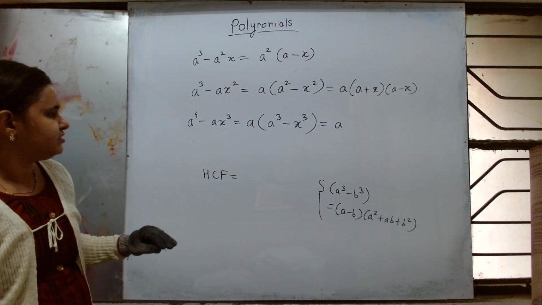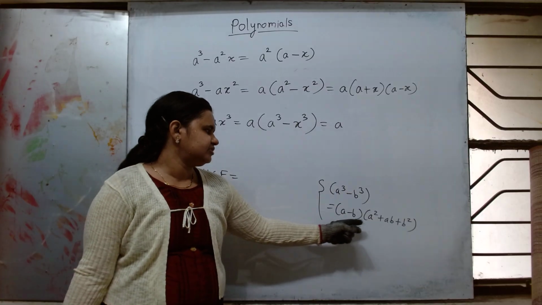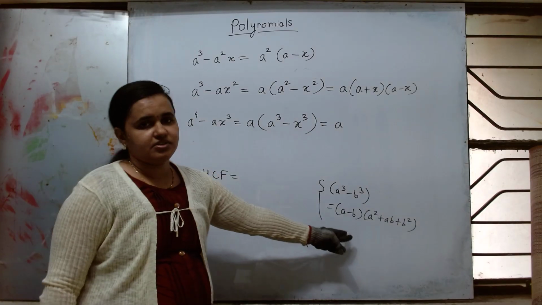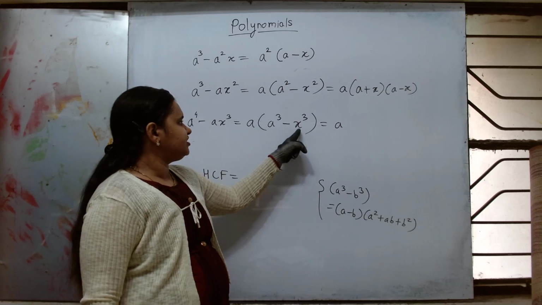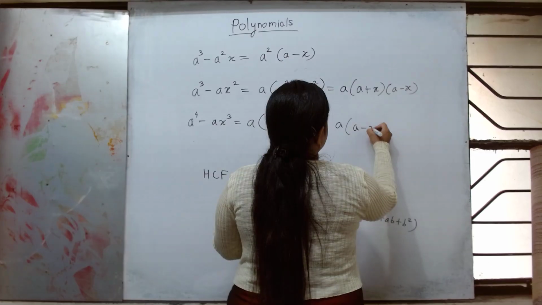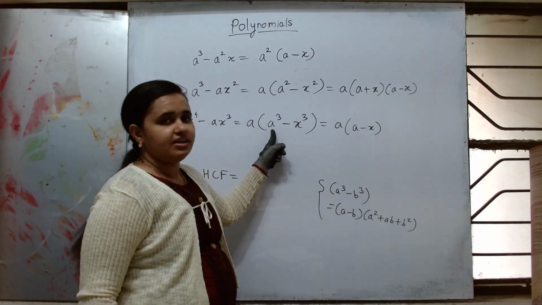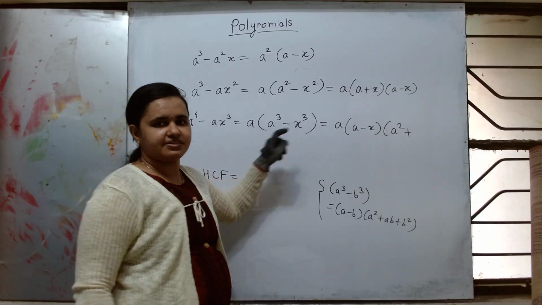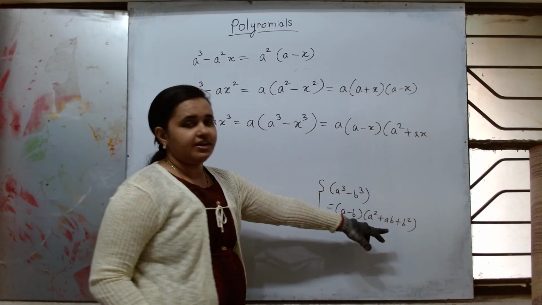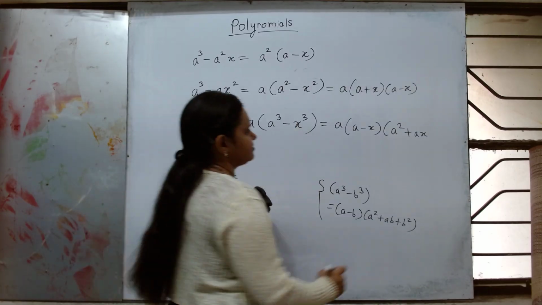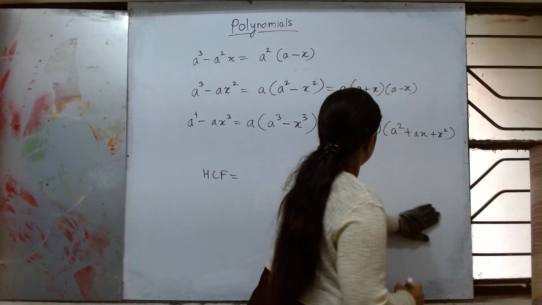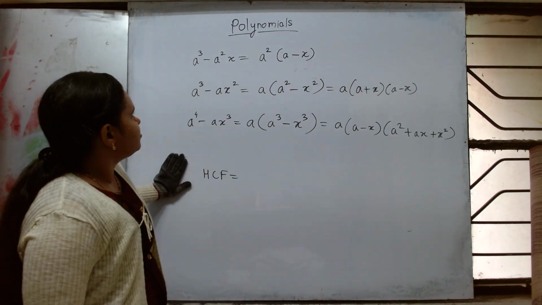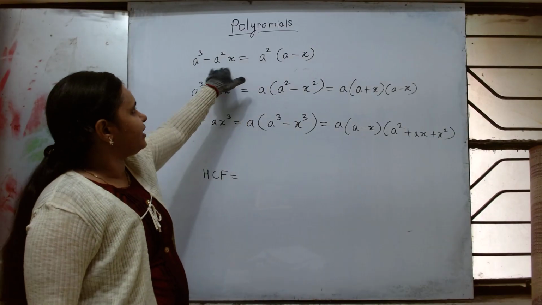Write down the formulas, you have to learn them. So in the form of this formula, a minus b means a minus x, a square means a square, plus ab means a into x, plus b square means x square. So we have expanded the expressions.